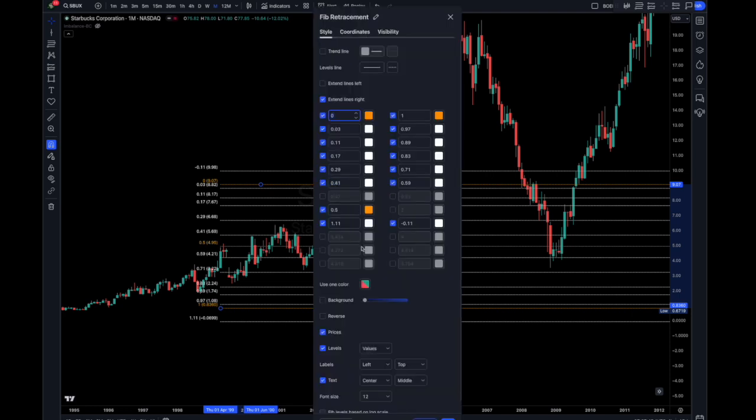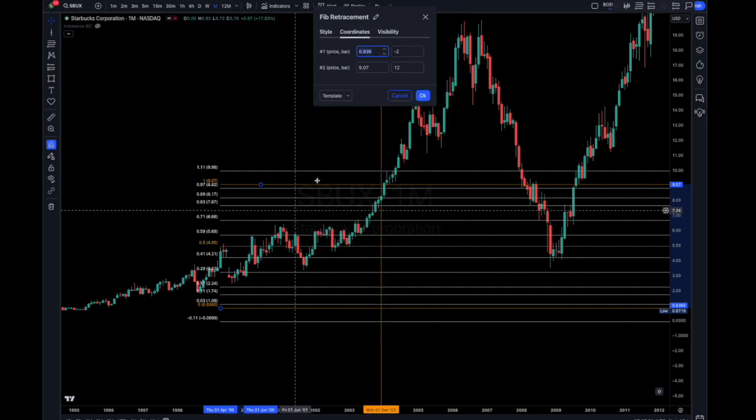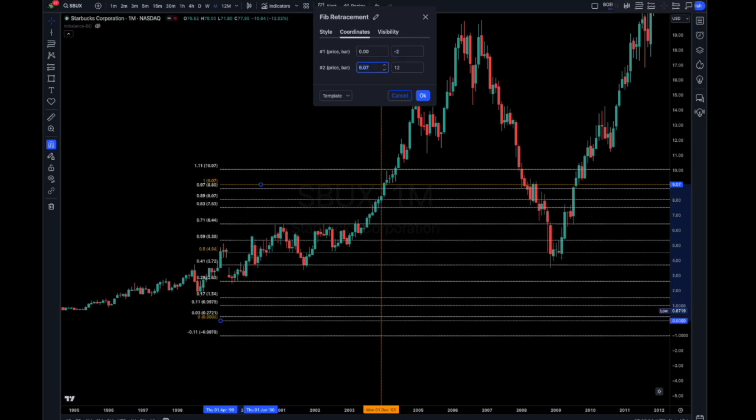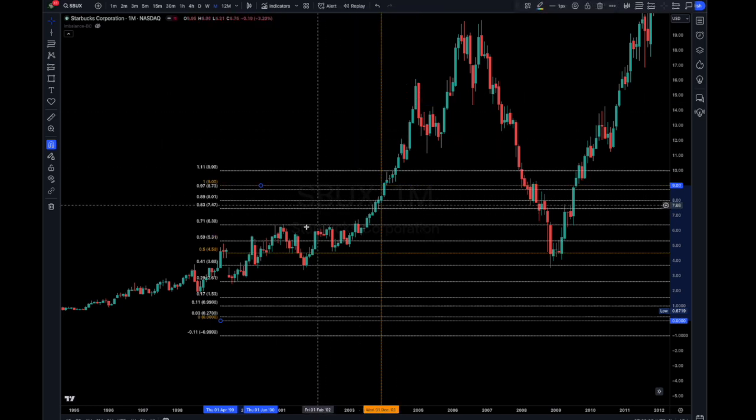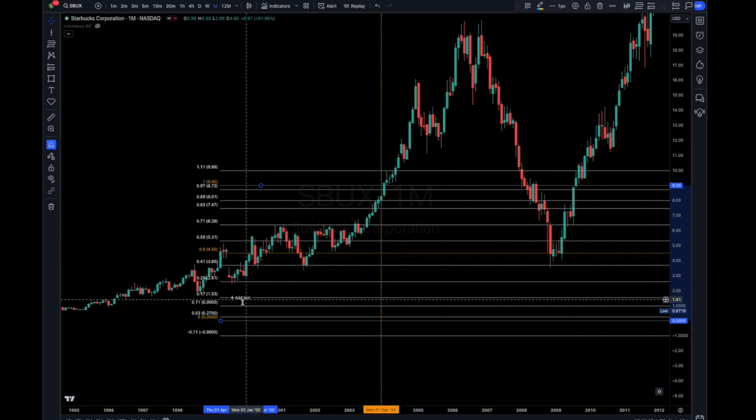Okay, so let's just make sure this is a Goldbach fib. So let me make sure it's the right way around firstly. So before we broke $9, the low was $0 and the theoretical high, according to the algorithm, allows it to go to $9. So before we were here, this was the dealing range.